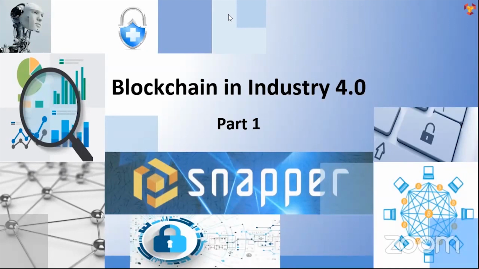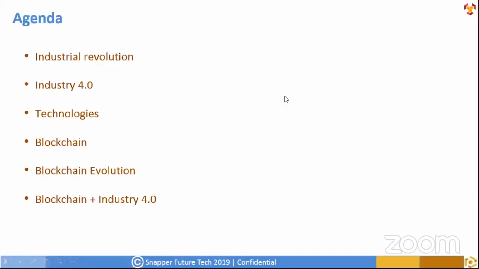So, right now, first of all, we're going to see what the Industrial Revolution was all about. Then, what is Industry Revolution 4.0? The different technologies which are there in Industry 4.0.